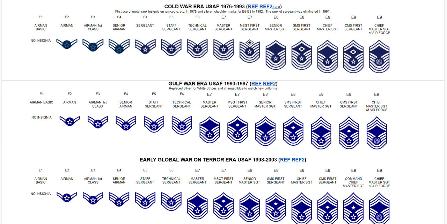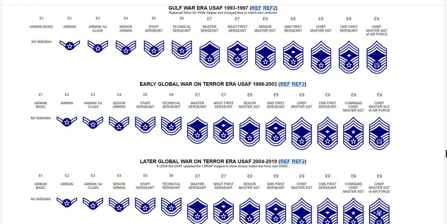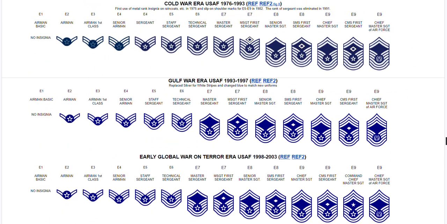Then in 1993, they changed the color of the stripes, and they also changed the design. So let's keep this one up. So these kind of all stay the same, except they get rid of that blue in the center of the insignia and return them back to the way they were previous to 1976, even though they changed the color.